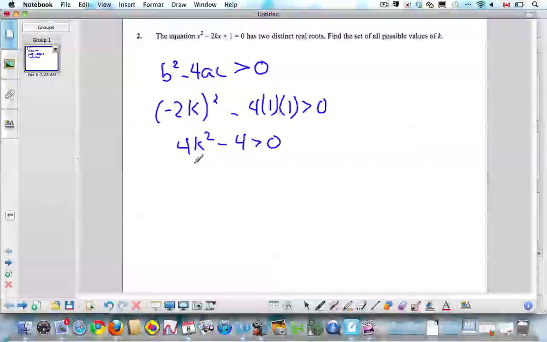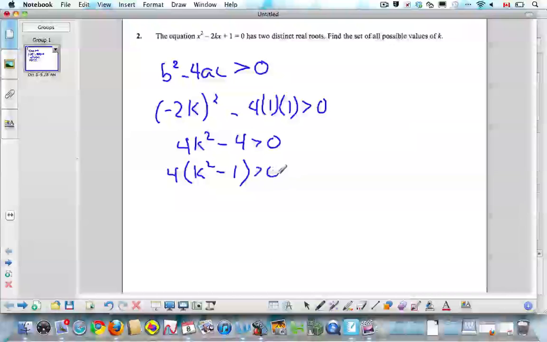Well, at this point I have several options to do. And I'm going to do a factoring kind of method. The first thing I'm going to do, I'm going to pull out the 4. And so this is k squared minus 1 is bigger than 0.